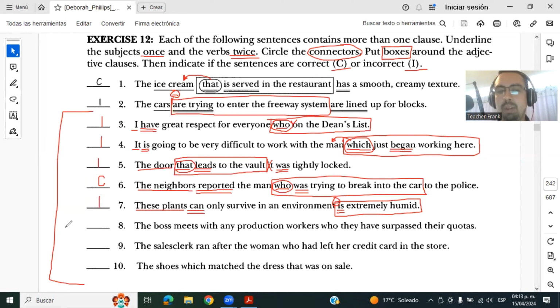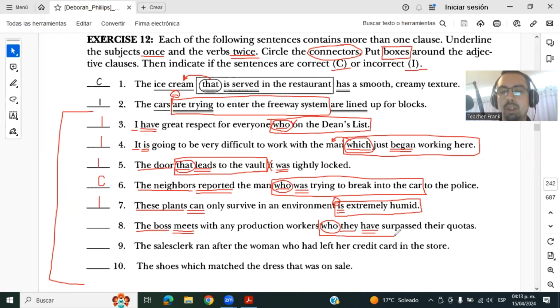Okay, let's look at number 8. The boss meets with any production workers who they have surpassed their quotas. Okay, so "meets" is going to be my verb. Who or what meets? The boss. "Who" is going to be my connector, and here it's supposed to be my subject, but I have another subject, "they," and the verb "have."